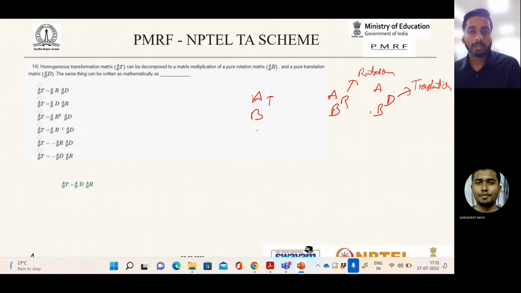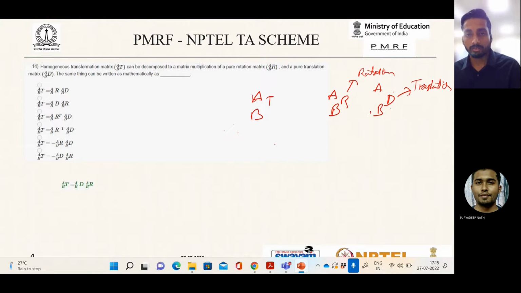As we looked into the earlier question, there we wanted the C matrix with respect to A, meaning how we rotate from C to get to the A frame. Here we want the same. One way to go from B to A is through rotation followed by translation.